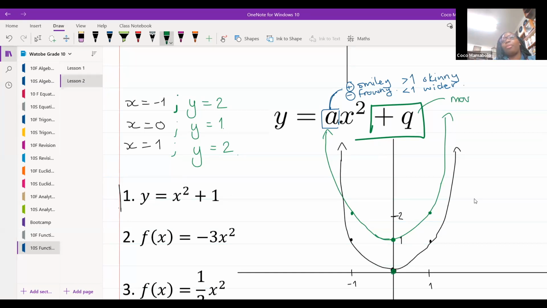Q moves my graph where? It moved my graph up. Do you see that? But also, if this number was negative, it would move my graph down. Good. So Q moves my graph up and down. Okay. Does that make sense?